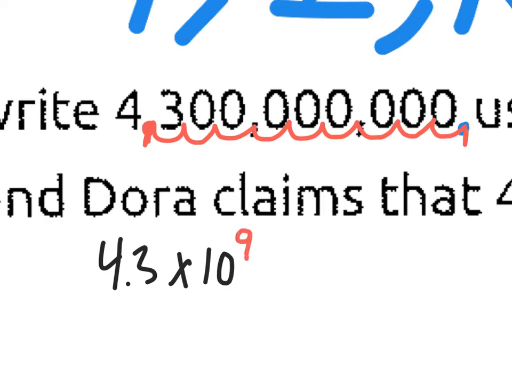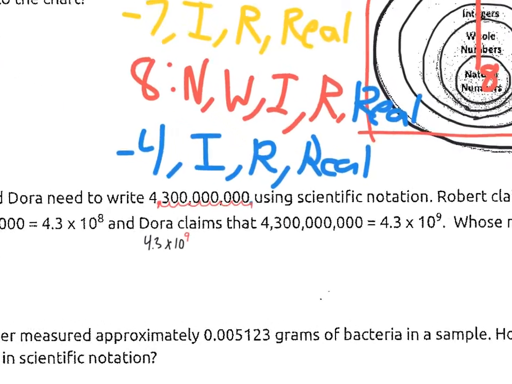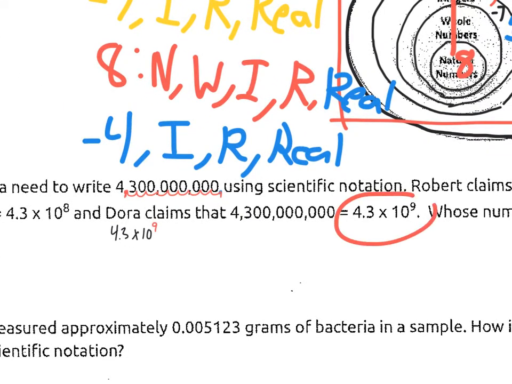And it's a positive 9 because that's a very large number. It's not a small decimal number. So let's go see who was correct. Good old Dora.